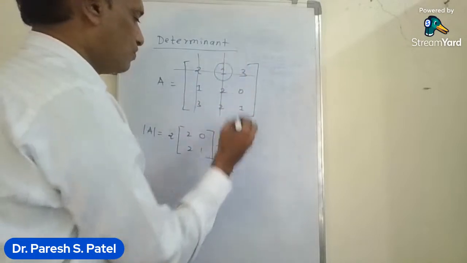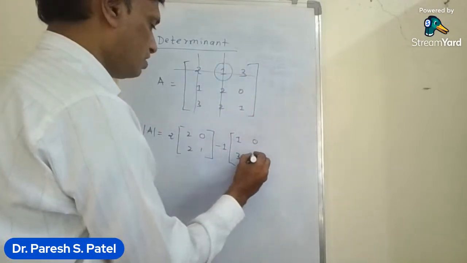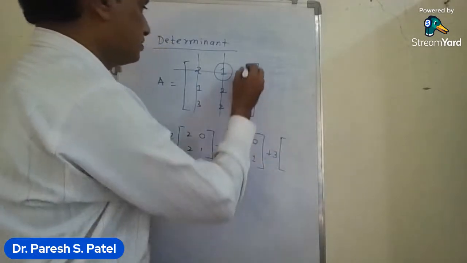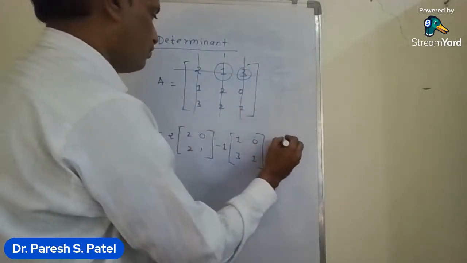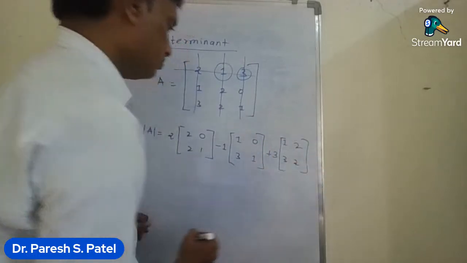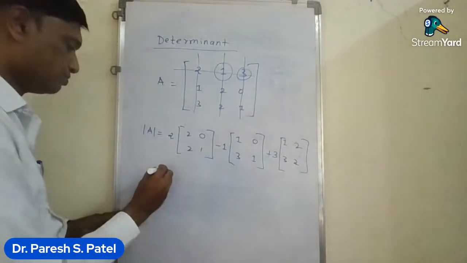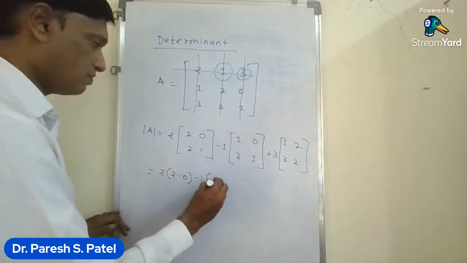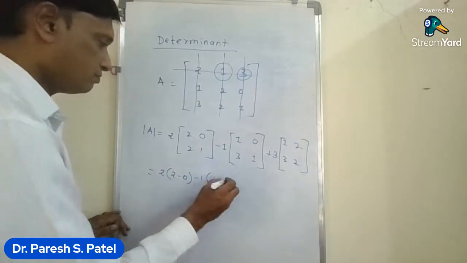So the remaining are 1 0, 3 1, plus 3, 1 2, 3 2, is equal to 2 times (2 minus 0), minus 1 times (1 minus 0).